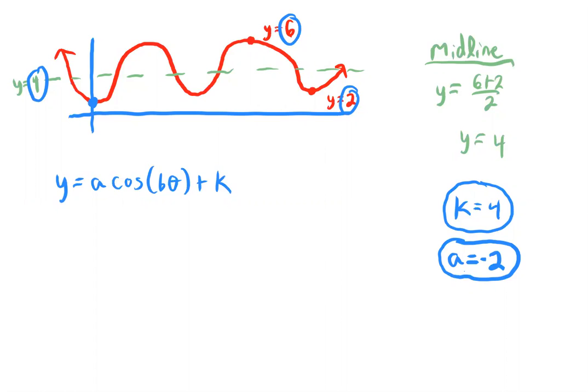Okay, so here, let's see. It goes 0, min, 0, max, 0, min. So what's the horizontal distance we are traveling here? Somebody tell me. That's the period.